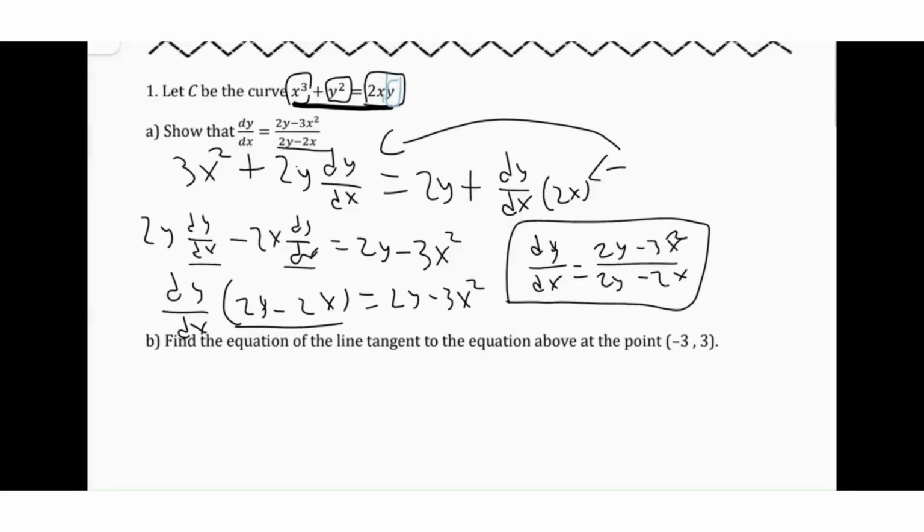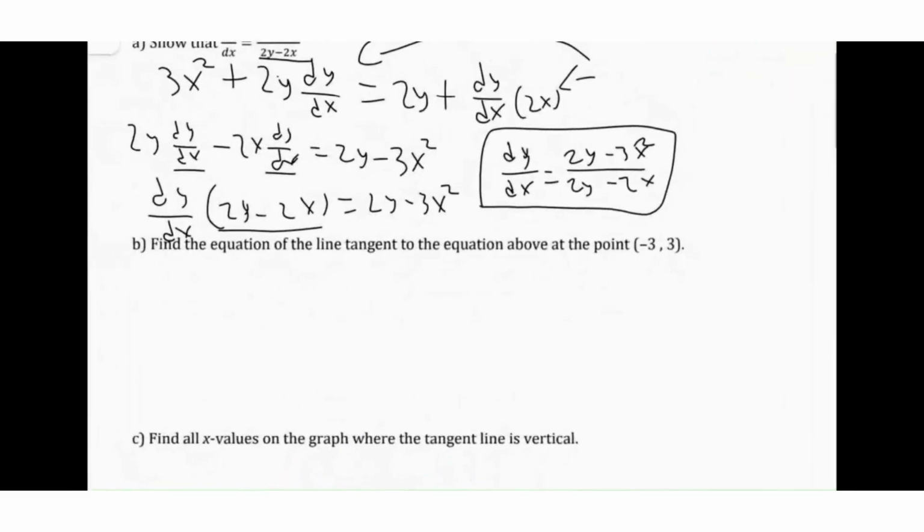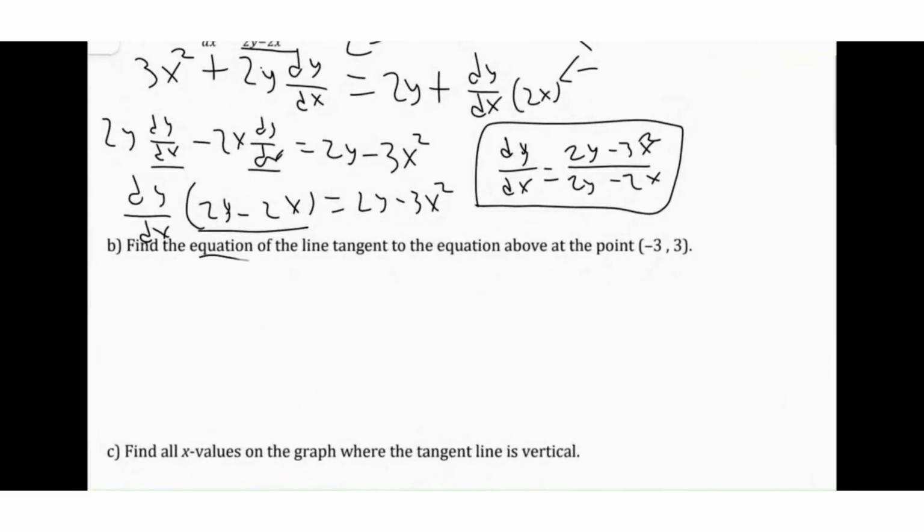All right, next question. Find the equation of the line tangent to the equation above at the point negative 3, 3. So immediately when you see a tangent line, or even when it comes to linear approximation, just think of point-slope form.